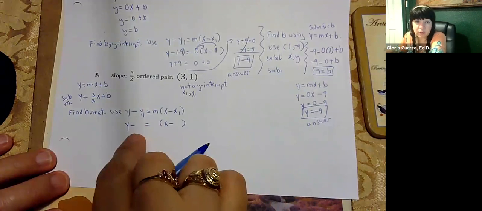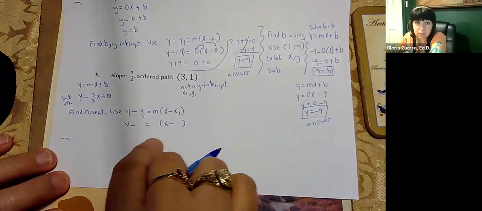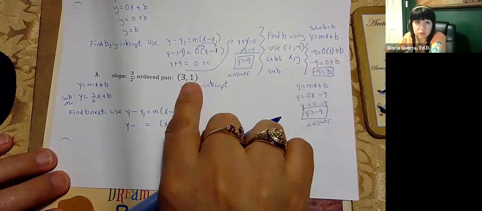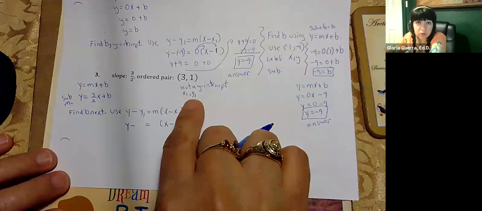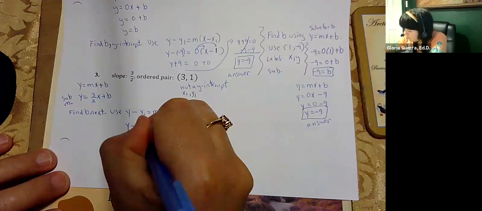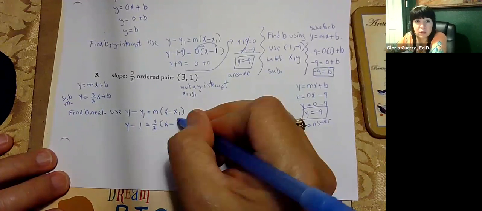In this formula, you cannot substitute a number for y and x. In this one, you can, but not in this one. So I'm going to call this x1, y1, so that y1 I could put in 1. M is the fraction 3/2, and then x1 I'm going to plug in 3.